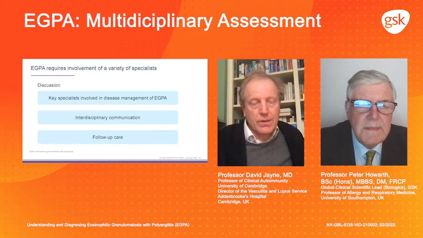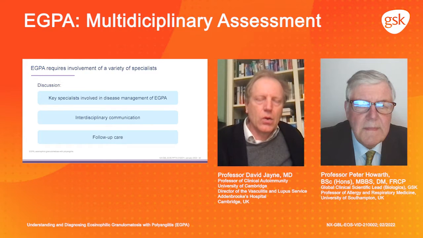If you've got a registry, you know what your patient population is. And we build in the education into our regional respiratory, rheumatology, and nephrology courses so that it's part of the more general specialist training that physicians are receiving.